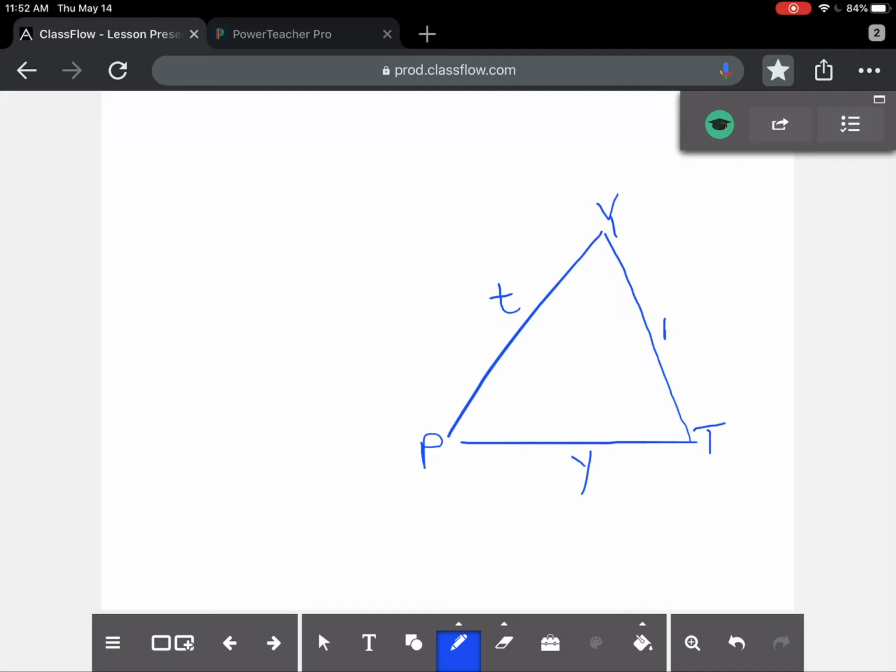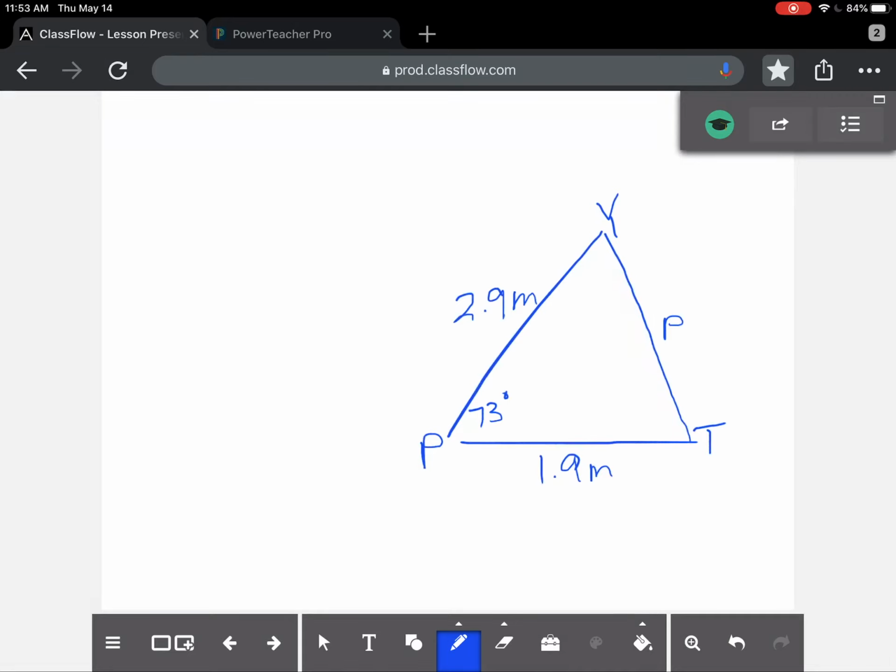All right, so let's do the first example. It says find the area of triangle PYT. So we've got triangle PYT here. This is T, this is little y, this is little p.